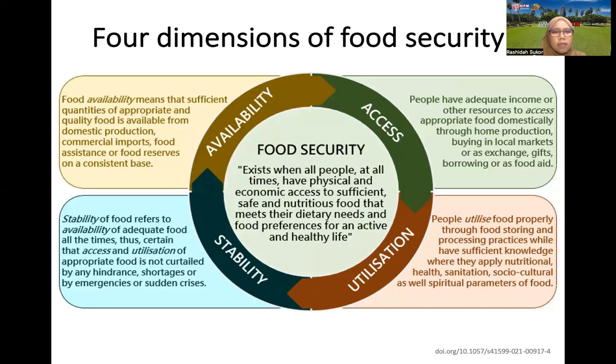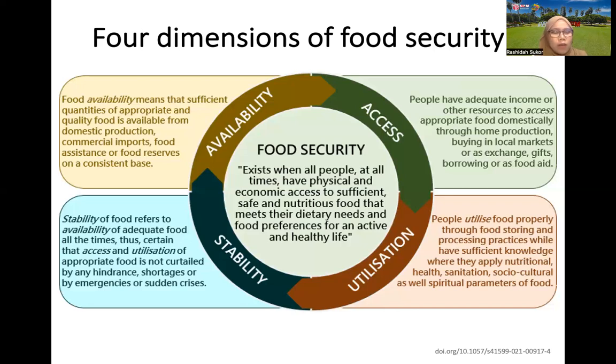Okay, and the last one is stability. We talked about it just now, I mentioned a bit on stability. So stability of food refers to availability of adequate food at all times, making certain that access and utilization of appropriate food is not curtailed by any hindrance. That means it is not obstructed. It's not controlled by a cartel, for example.